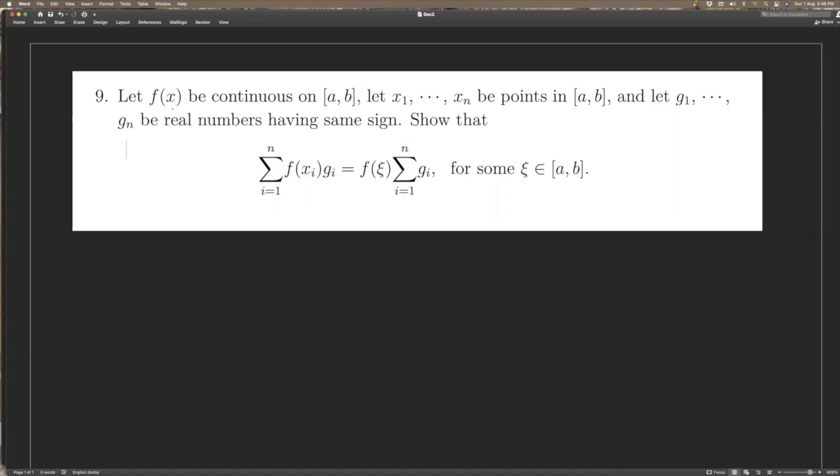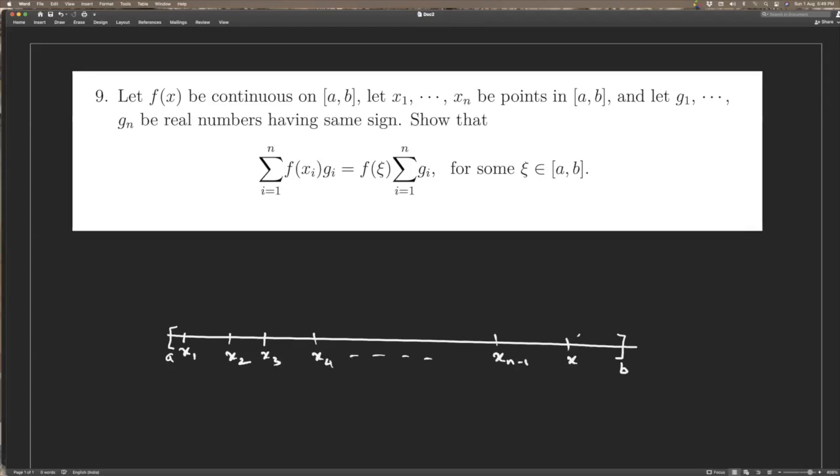The problem says that you have a continuous function on a closed interval [a, b], and we are given n points in the interval [a, b] denoted by x1, x2, x3, x4 and so on till xn. They need not be equally spaced. And we are also given n real numbers denoted by g1, g2 and so on up to gn.